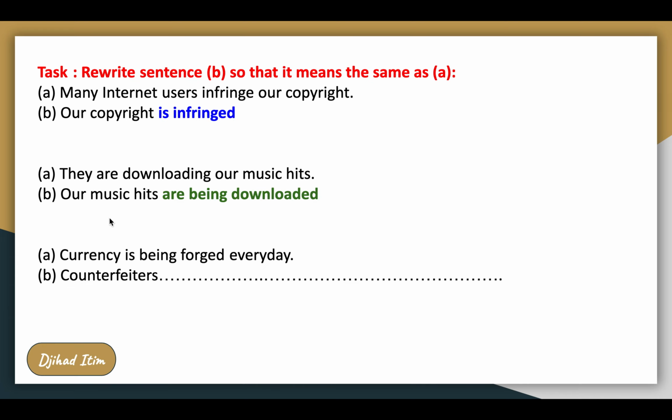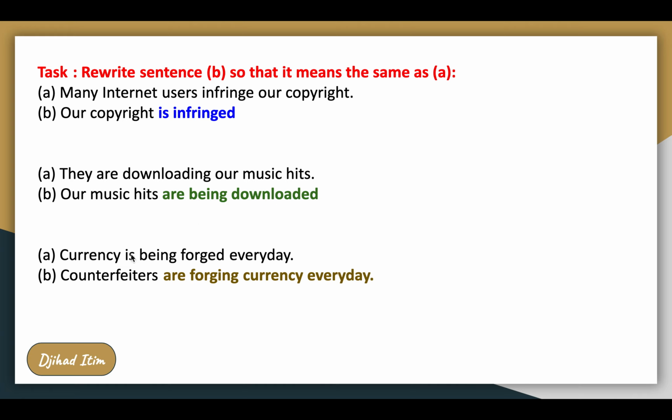We move to the third one: currency is being forged every day. What can you say? Sentence B: counterfeiters are forging currency every day. We have here is being forged, like in the second sentence, our music hits are being downloaded.